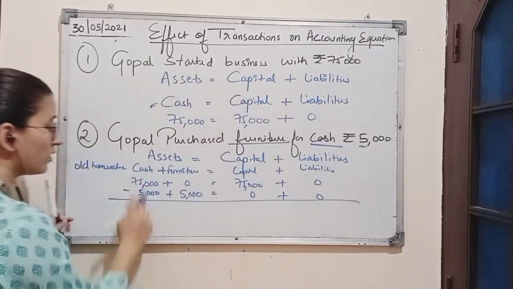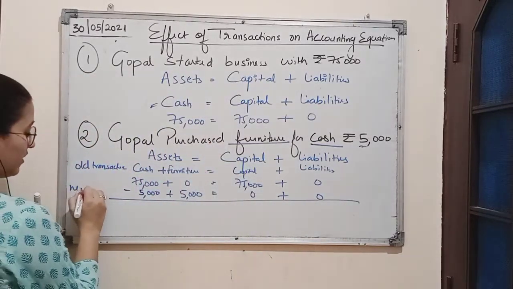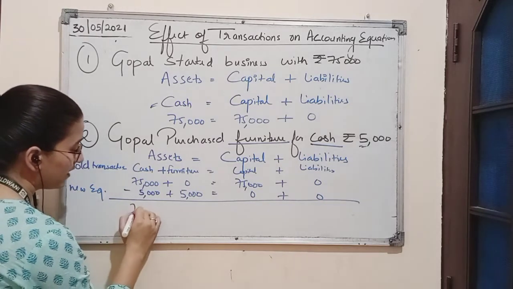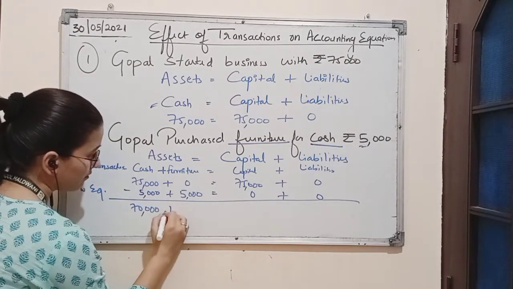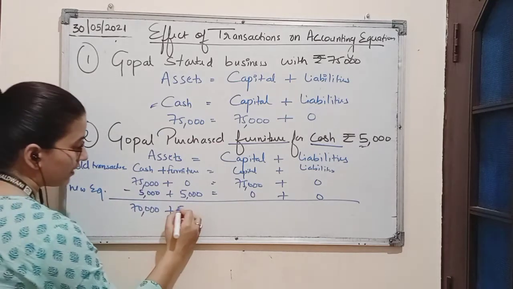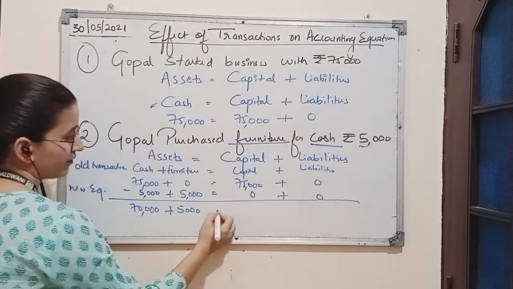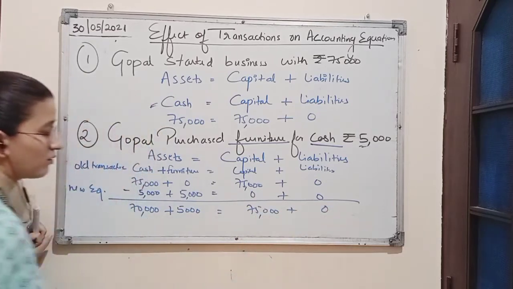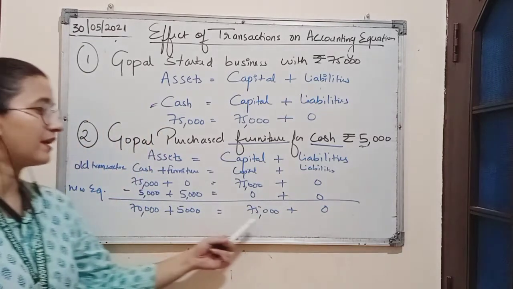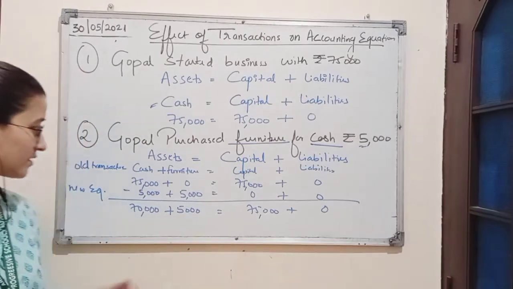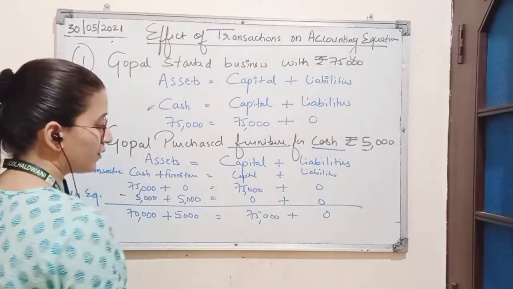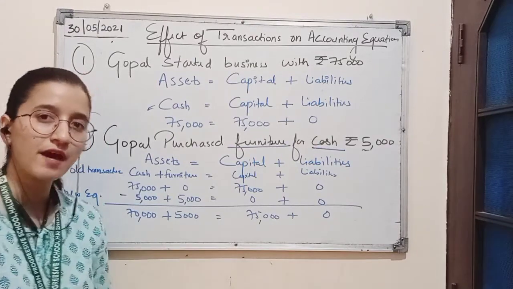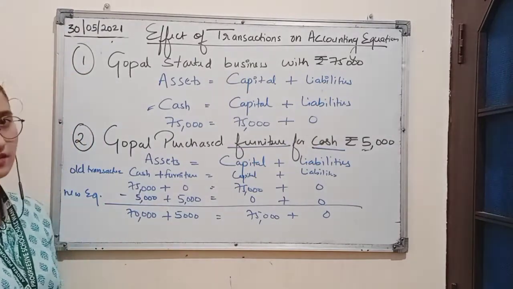Now we will solve this equation, old and new. The amount of cash remaining will be 70,000 plus furniture amounting to 5,000, capital 75,000 and no amount of liability. So here we can see the equation is again balanced. So here assets is equal to liabilities. Now we can say that the equation is balanced in this transaction.